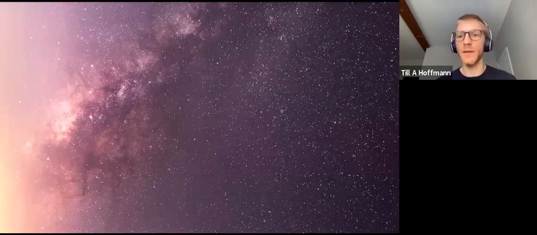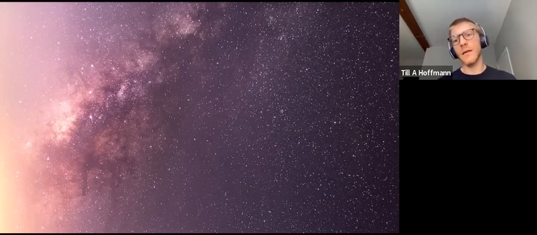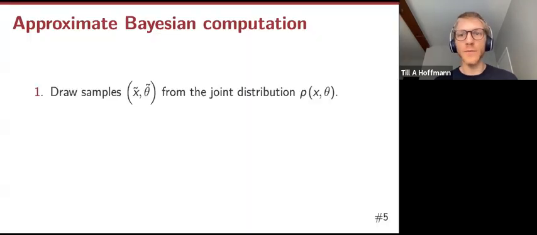We also have the same thing crop up in network models, especially in the physics literature. There are these network models that have mechanistic rules to grow a network, such as triadic closure. But again, the likelihood is challenging. But we may nevertheless be able to simulate from the model, so can we still draw inferences? And the answer is, of course, yes, that's why we're here.